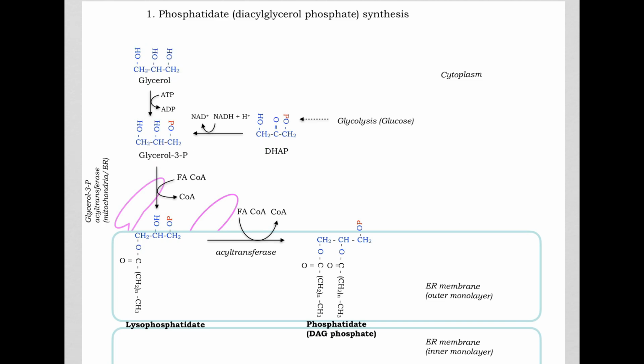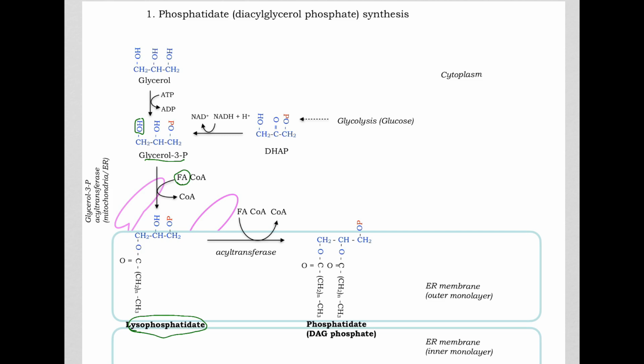In the next step, we add a fatty acid in the form of fatty acyl-CoA right here. Glycerol 3-phosphate, which is water-soluble, now becomes lysophosphatidate, which is not water-soluble, so that's embedded in the smooth endoplasmic reticular membrane.